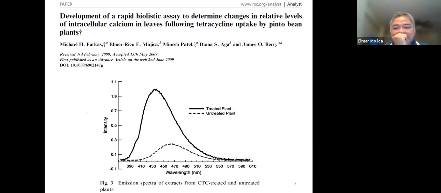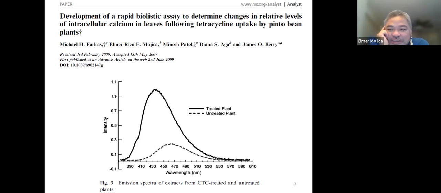You're familiar with this paper wherein we analyzed the effect of tetracycline antibiotics in pinto beans. Aside from the mass spec, we also used fluorescence during this time. What we have observed is that chlortetracycline can become fluorescent once it forms a complex with calcium.